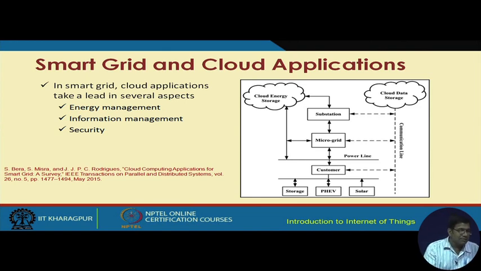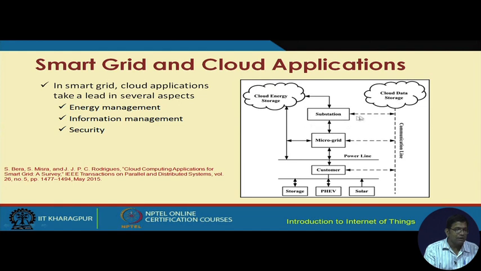So, as we can see in this figure, we have the substation, microgrid, customers, the traditional power lines, and then we also have the communication link. This communication link basically feeds this data to the cloud data storage.